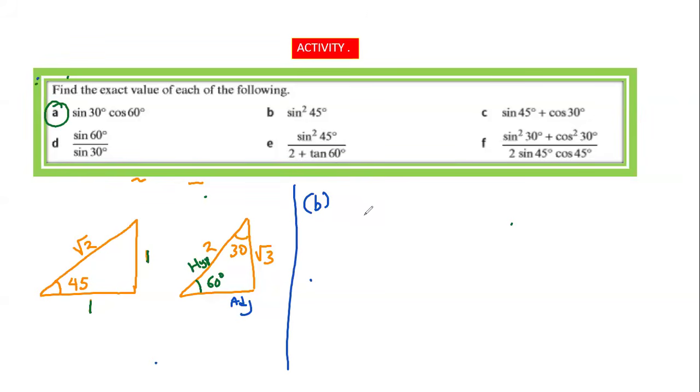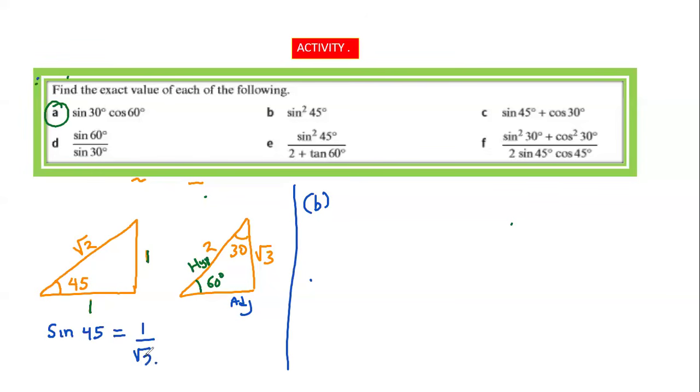I'm going to take through part B. Here we shall consider our triangle, first triangle. By sine 45 will be equal to 1 over root 2.